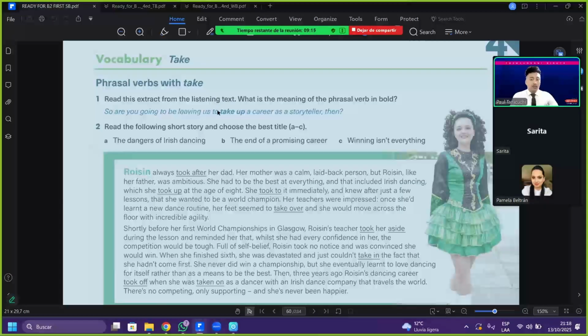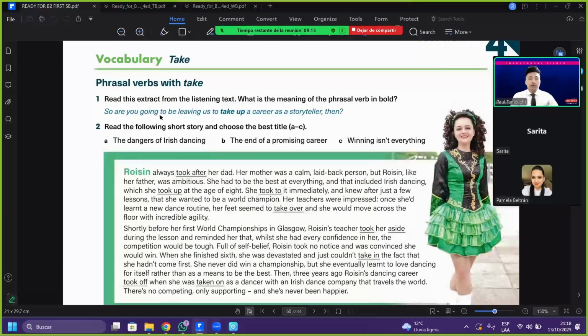From this context, can you make up or work out the meaning of the phrasal verb take up in the first sentence, which says, "So you are going to be leaving us to take up a career as a storyteller"? What do you think it means in this case, according to the context of this sentence?